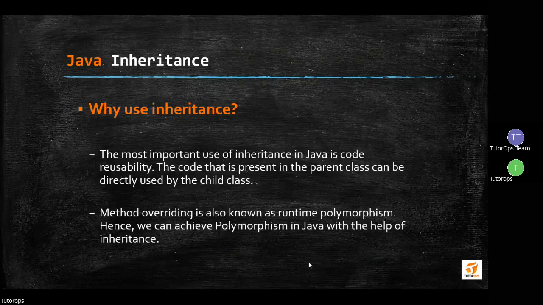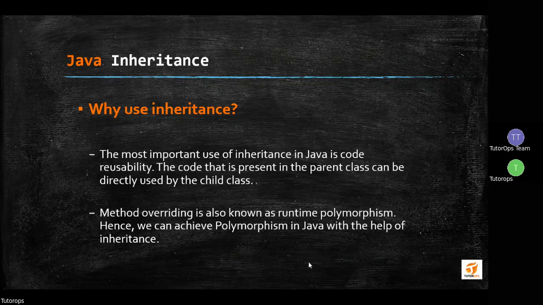Here the previous class is your parent class or super class, and your newly created class is the subclass, derived class or child class. So in this situation we can use inheritance.